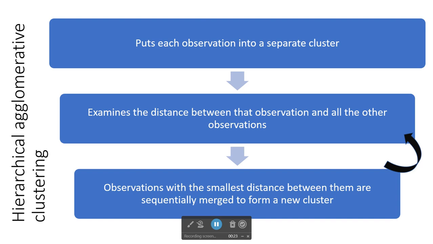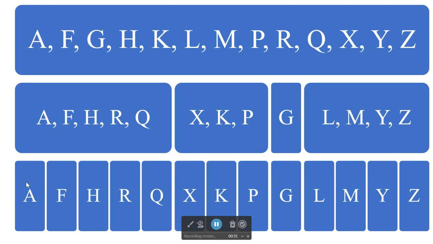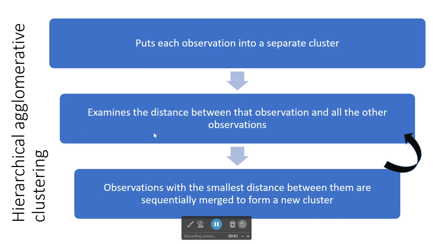Hierarchical agglomerative clustering begins by assigning each observation into a separate cluster. Initially, each of these observations is a separate cluster by itself. After that, it assesses the distance between that observation and the other observations.